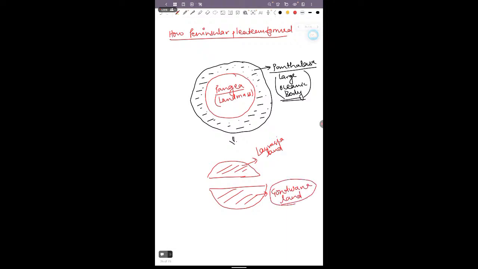And again these big landmasses divided into a number of subcontinents, and that led to the formation of the different continents.